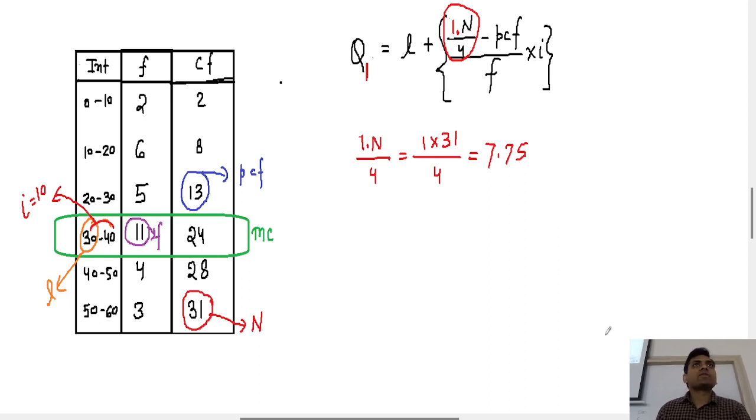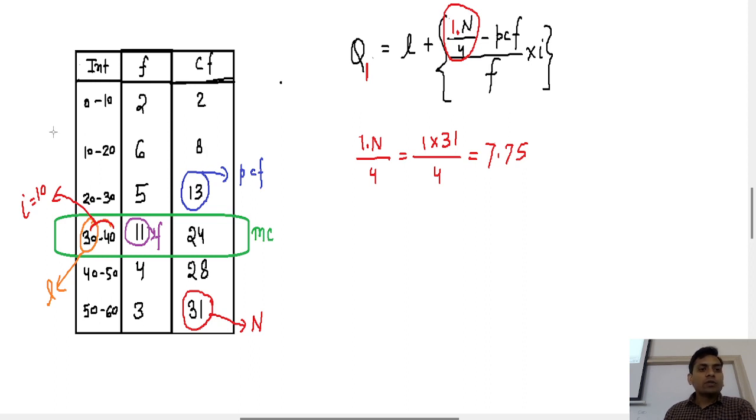N upon 2 we have searched in which column? The CF column. Because n is part of this CF column, so we will search n upon 2 also in this. Now this n upon 4 is also part of this CF column. So we will search this quantity n upon 4 in the CF column. Okay, so this n upon 4 is 7.75. So this comes under which category? In this category, 8. 7.75 will come within 8.